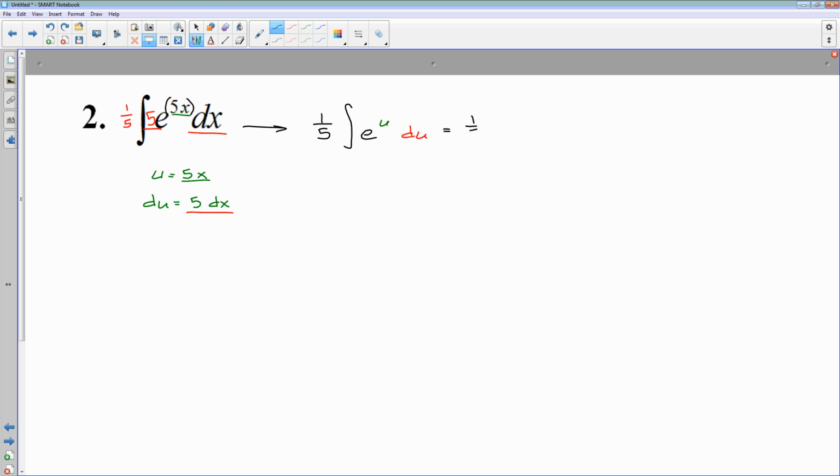The antiderivative of e to the u is simply e to the u plus c. Remember that 1/5 on the outside comes along for the ride. And then finally, you simply plug your 5x back in for the u. So our final answer is going to be 1/5 e to the 5x. And don't forget your plus c.